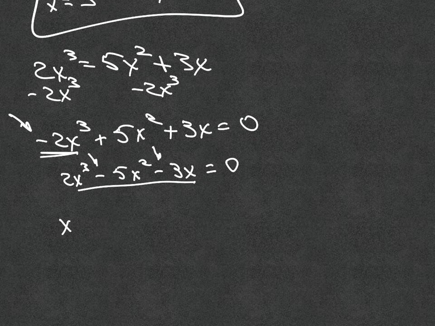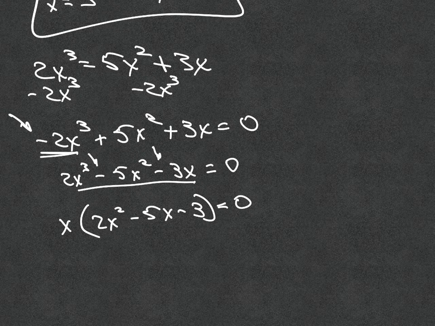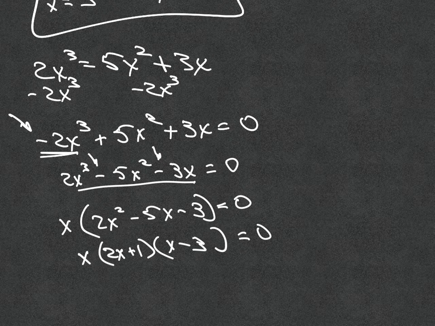I have an x that I can factor out. Okay, and next thing I'm going to do is factor this, and you've done this before, so I'm not going to go into a lot of detail. The x carries along with me, and I get 2x plus 1 and x minus 3.